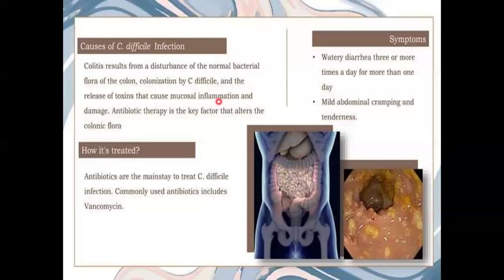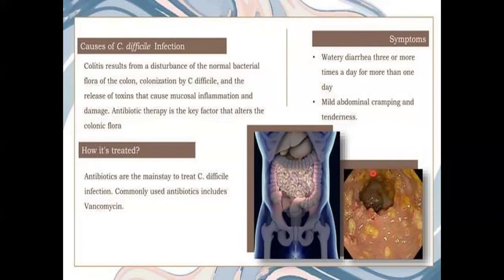What usually happens is these Clostridium difficile release toxins. We call them toxin A and toxin B, and they damage the enterocytes. As you can see here, this pattern is known as pseudomembranous colitis, where you can see yellow plaques on the inside of the intestines.